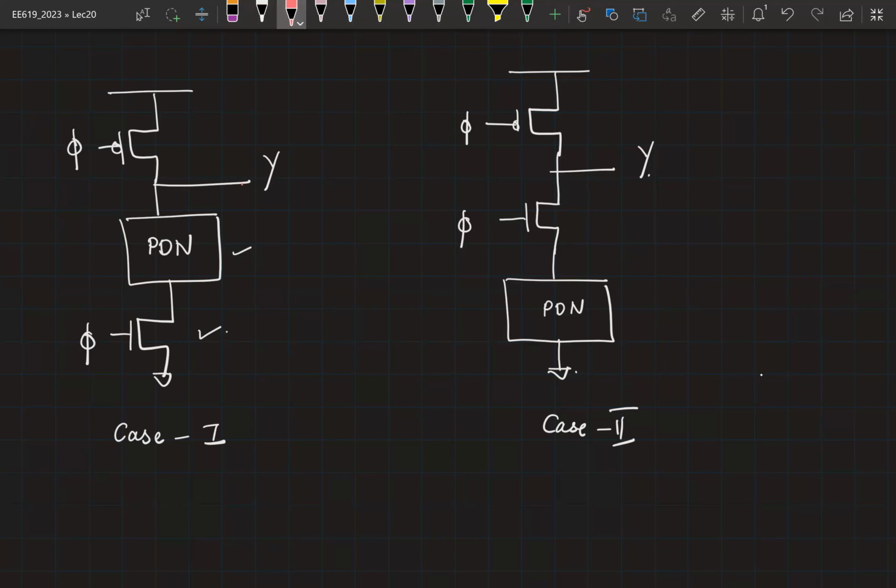Let's call the total capacitance at the output here C1 and the capacitance here C2. What comment can you make about the relative values of C1 and C2? Which is bigger? C1 is bigger than C2, right? Given that C1 is bigger than C2, shouldn't we opt for this topology?